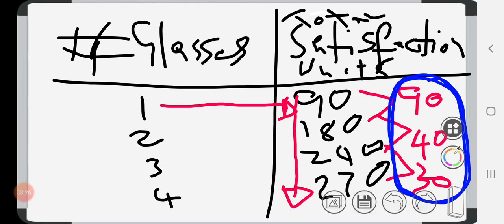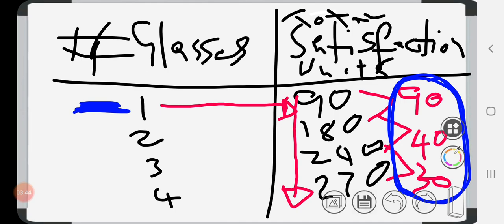Because if I just keep feeding you ice water for 5 days, there's going to get a point, even before the end of the 5 days, where you can't stand water anymore. Whereas at the beginning here, water gave you the highest level of satisfaction, just one glass.